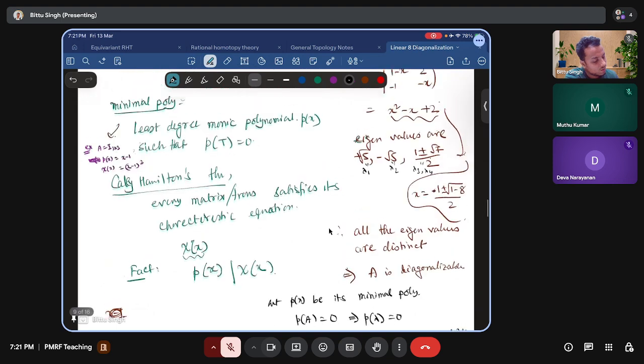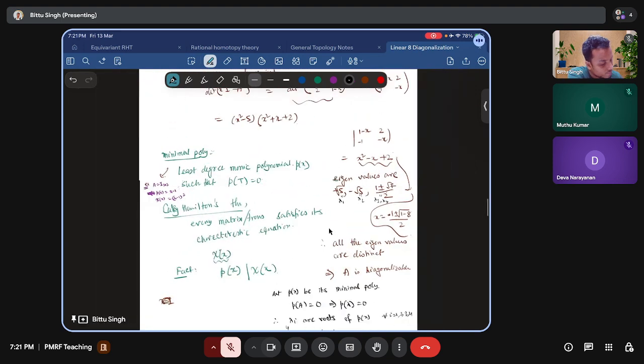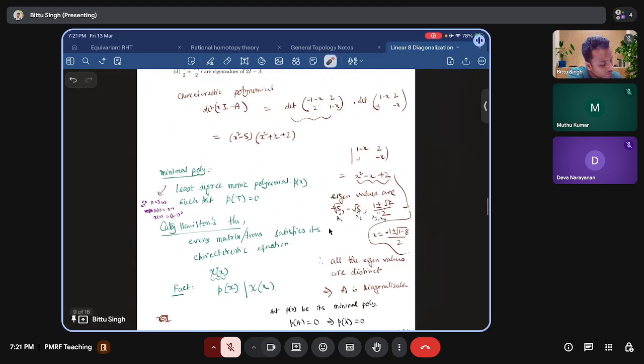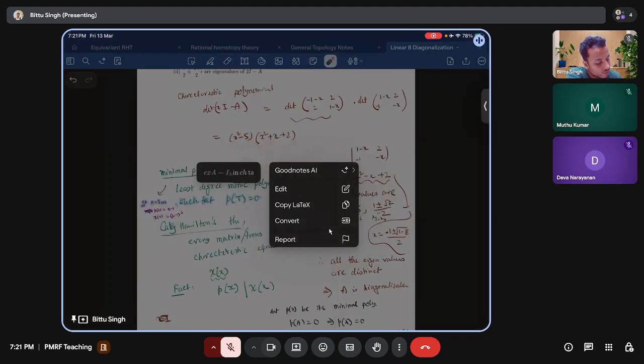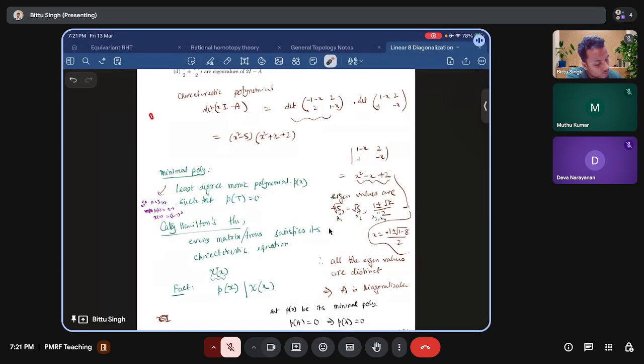But note that the characteristic polynomial is also the product of these (x minus lambda i). So the minimal polynomial p(x) divides this polynomial.